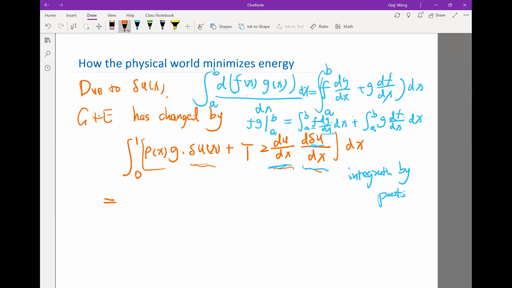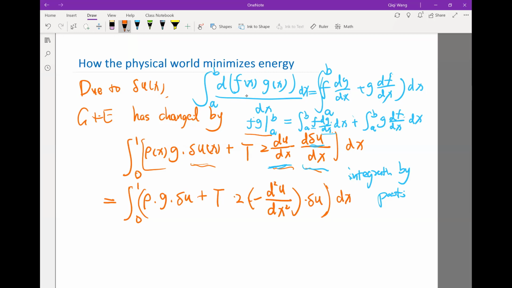Okay, so this means that I can write this as rho g delta u plus t times 2 times, well, I need to have a minus sign, right? Because in integration by parts, when I move du dx into a derivative, it becomes the negative of a second derivative times delta u dx. And then I have the boundary term.